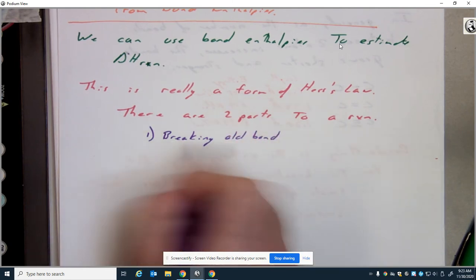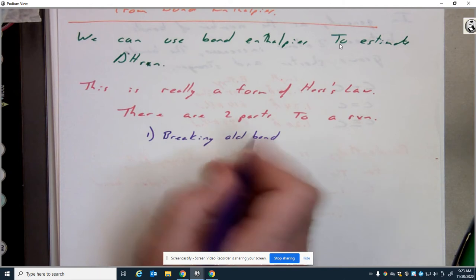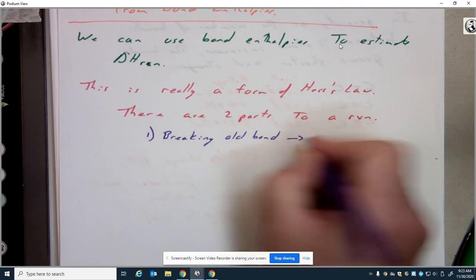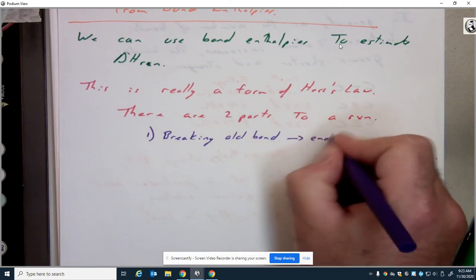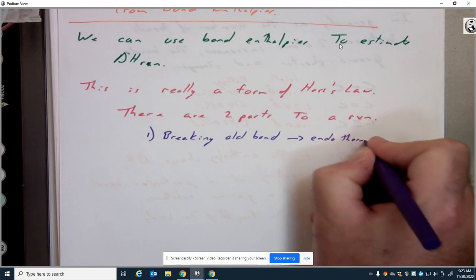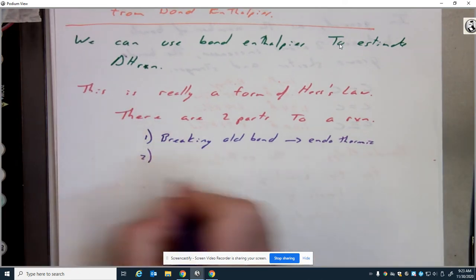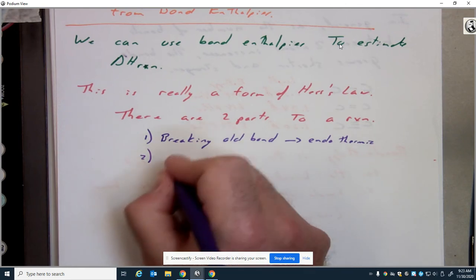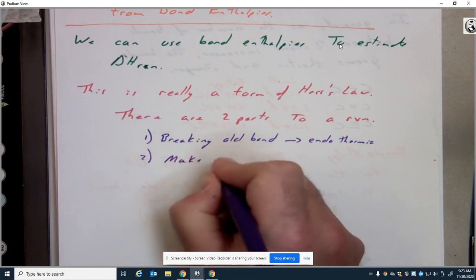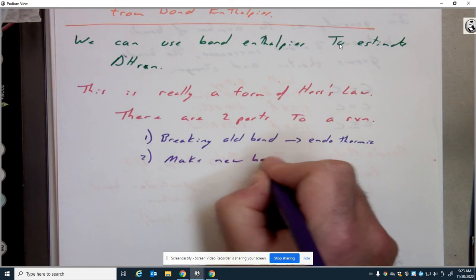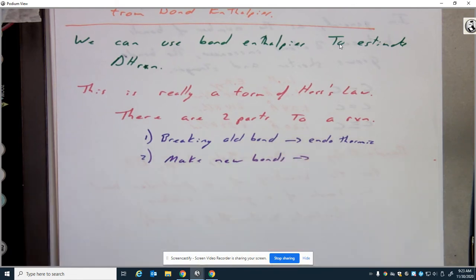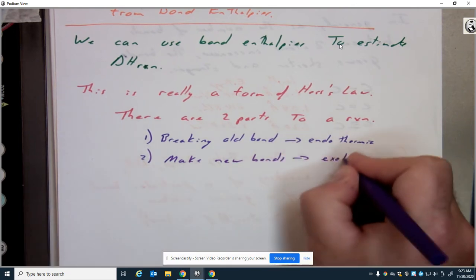So in the reactants, we got to break the old bonds. That's the first step. Now, to break bonds, that's an endothermic process. Our second step is to make new bonds. And whenever we make bonds, this is going to be exothermic.